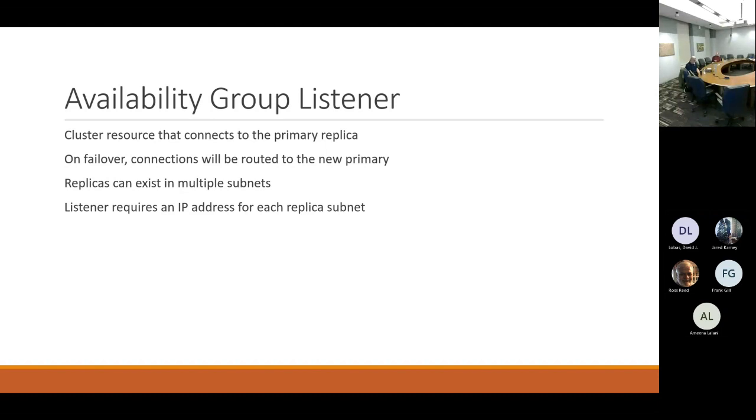Connecting the application to the listener, when the failover happens, you'll see a blip. I generally see, like, if you go ping -t on failover, it will maybe drop a ping. So your application should have retry logic, but it will connect to the new primary.